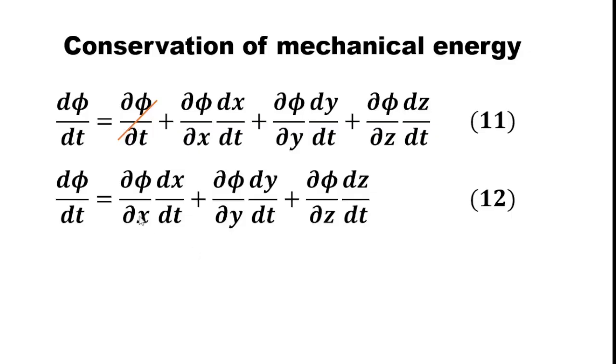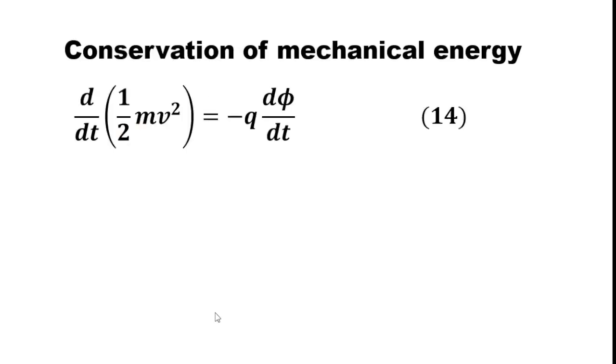And in equation 12, the right hand side is equal to the dot product of gradient of phi and velocity. Just as we have derived it. Therefore, we take the time derivative of phi equal to the dot product of gradient of phi and velocity.